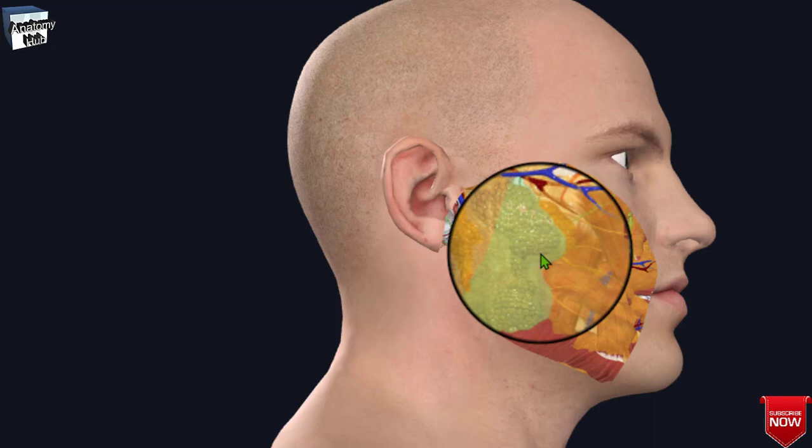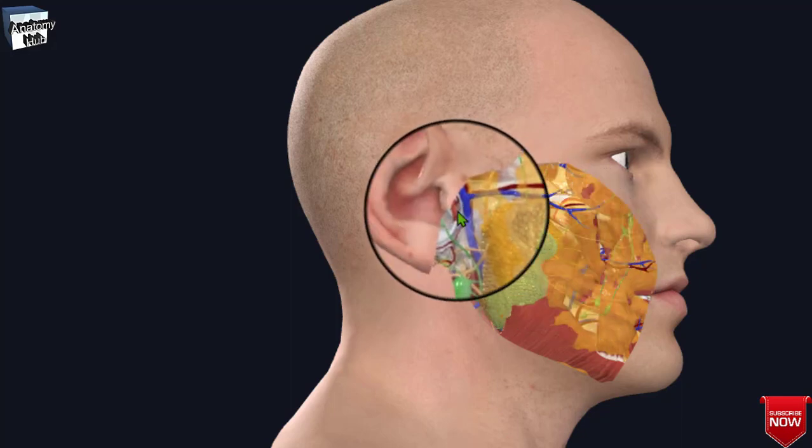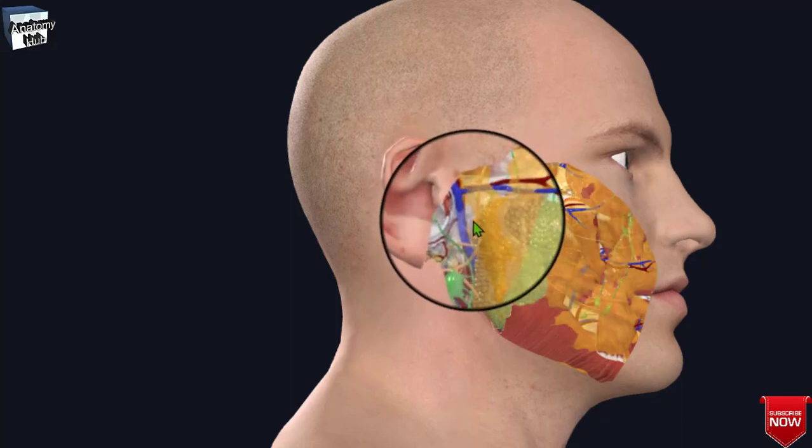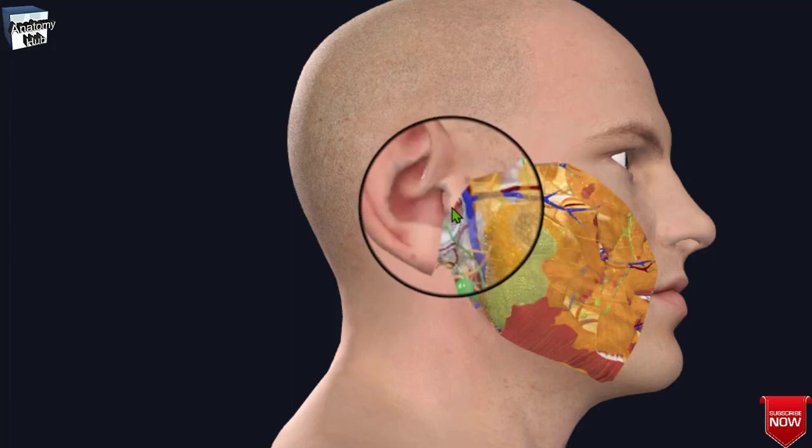Each individual has a pair of parotid glands situated in the preauricular area, the flattened region anterior to the tragus that you can observe here.